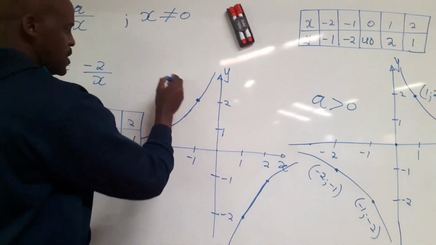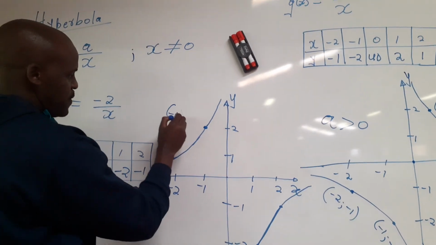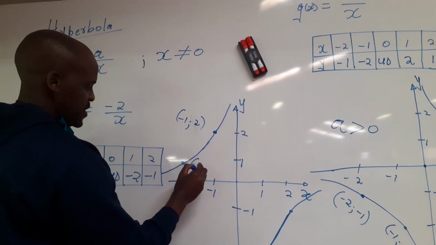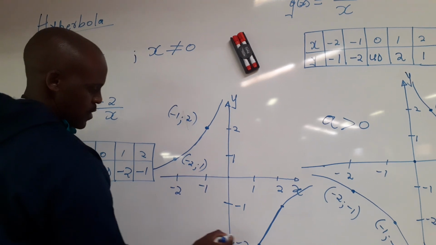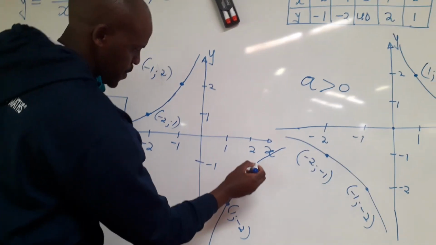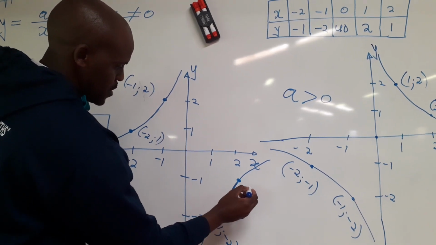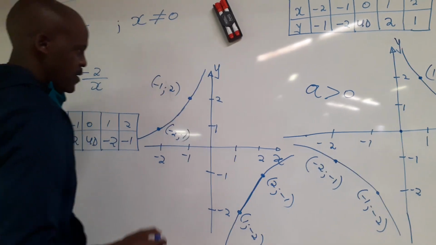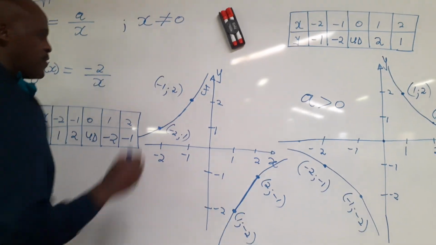So the points here: negative 1 is to 2. Here we have negative 2 is to 1, 1 is to negative 2. Here, 2 is to negative 1. This is the function f.